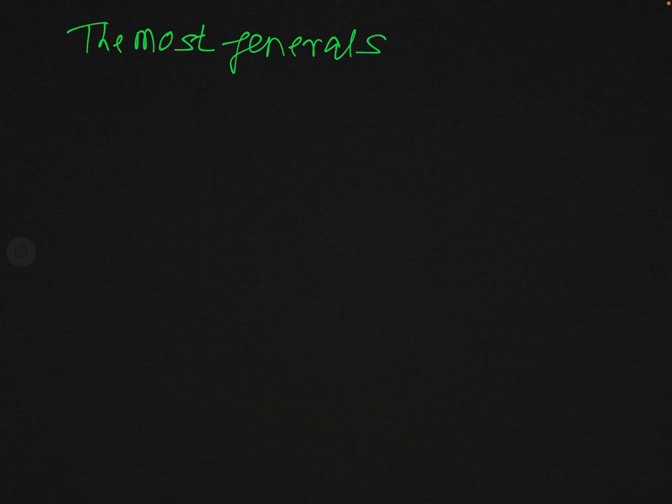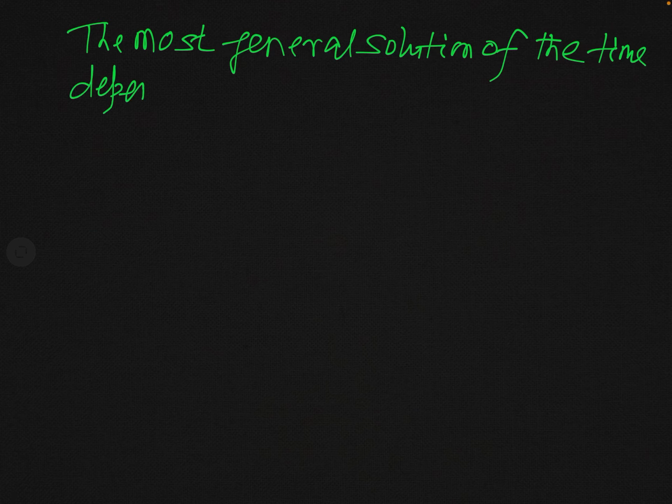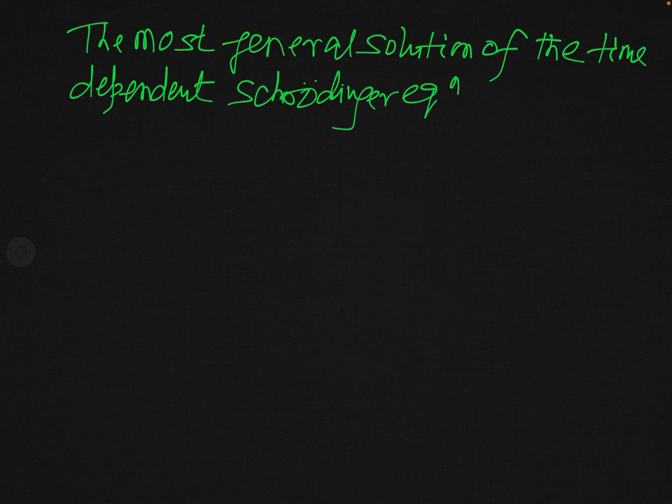So the most general solution of the time dependent Schrodinger equation is given by, in fact, in the mathematical foundation of quantum mechanics, we have already discussed how time evolution is considered in an eigenfunction.